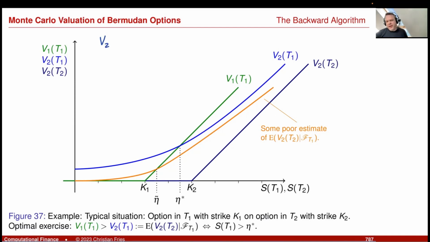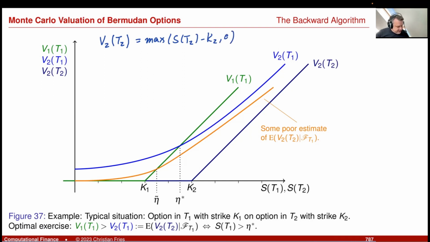So we have the right to exercise in time t2 into some underlying, which I call v2, or the value process is v2.